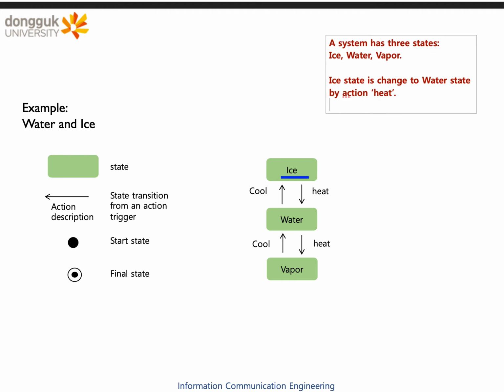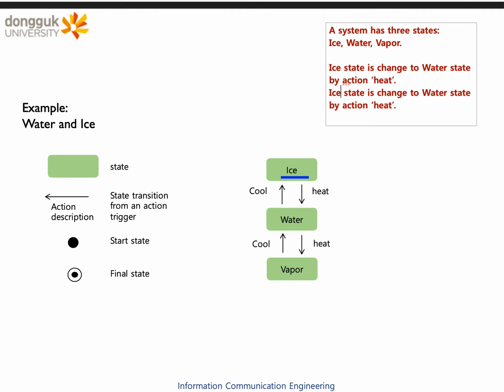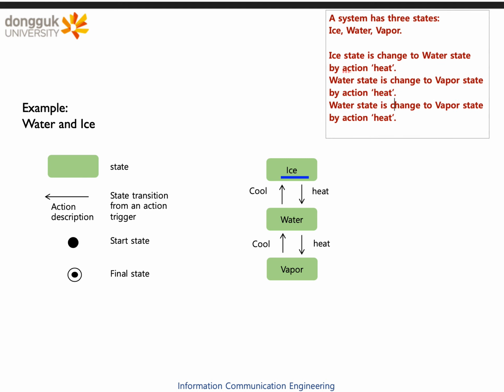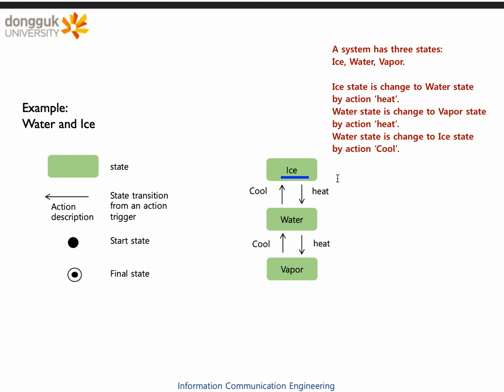Likewise, the water state changes to the vapor state by the action heat. And maybe the water state changes to ice by the action cool. Okay, that is state change and state diagram.